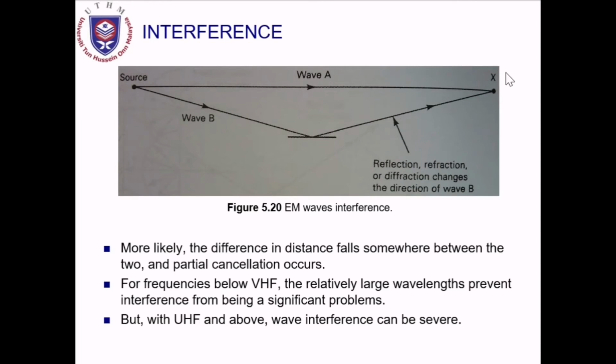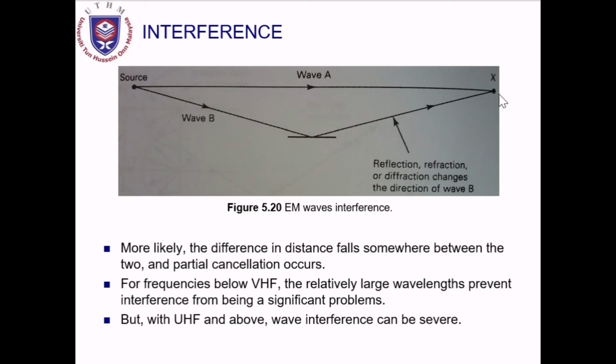It can cancel both signals over here if the phases are opposite to each other. More likely the difference in distance falls somewhere between the two and partial cancellation occurs.